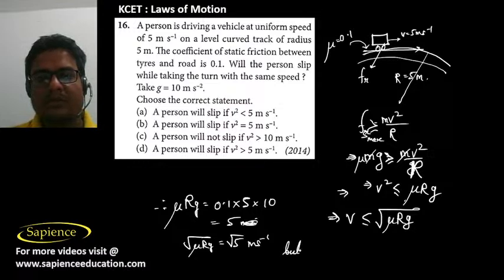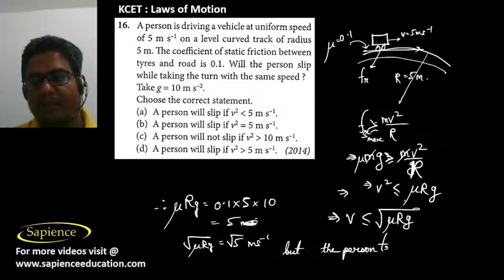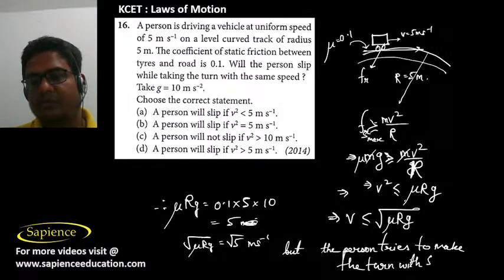But here the uniform speed with which the person tries to make the turn is 5 meter per second.